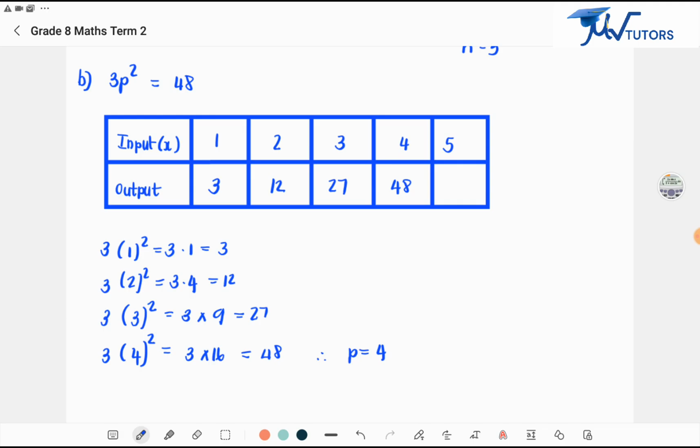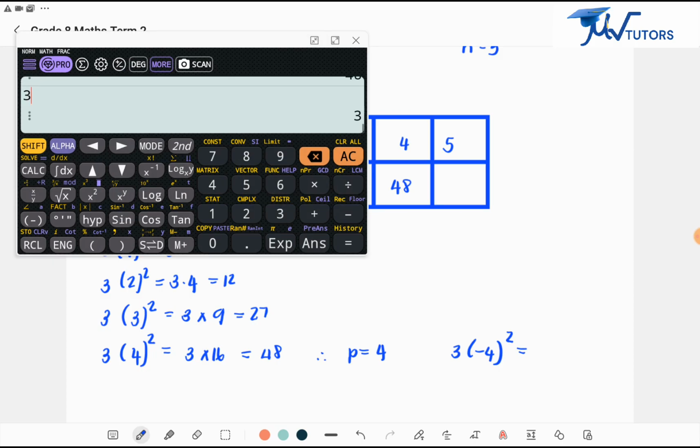What about negative 4? Once you get your positive answer, just also ask yourself, what would happen if you had a negative? Okay, so if I have 3 times negative 4 squared, that would still give me 48, because negative 4 times negative 4 is positive 16. You could always check on the calculator.